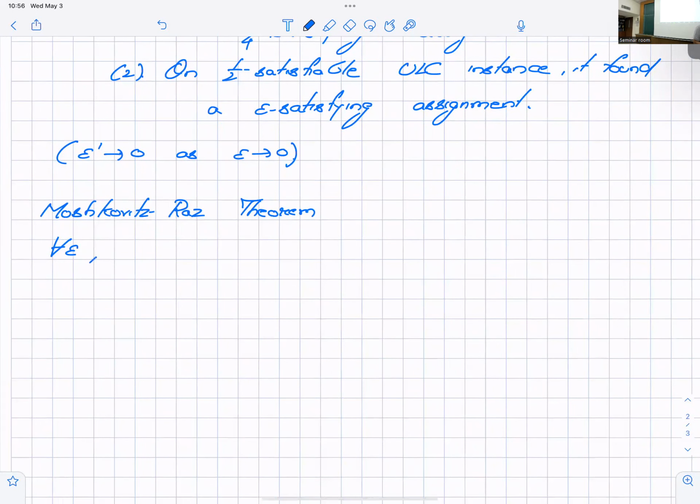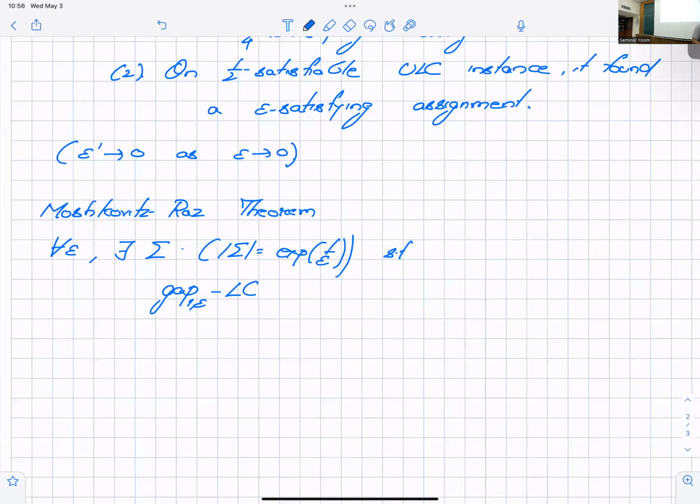For all epsilon, there exists an alphabet Sigma. Sigma is unfortunately not as small as poly in 1 over epsilon, it's exp in 1 over epsilon in this case, such that gap 1 epsilon label cover is NP-hard under order n to the 1 plus little o(1) times poly 1 over epsilon time reductions.